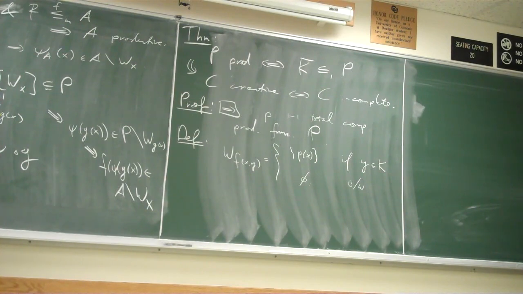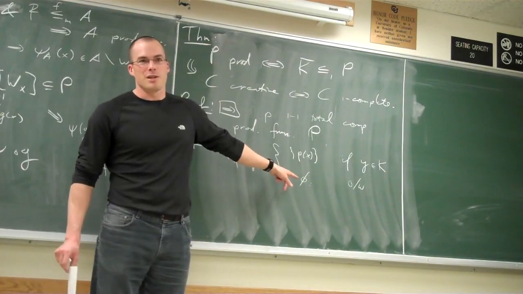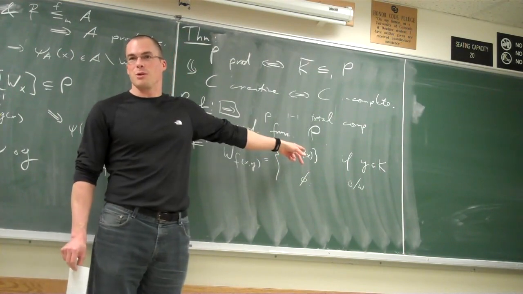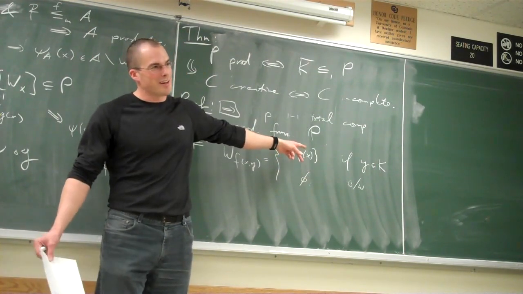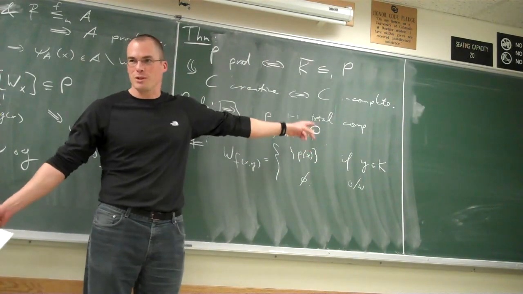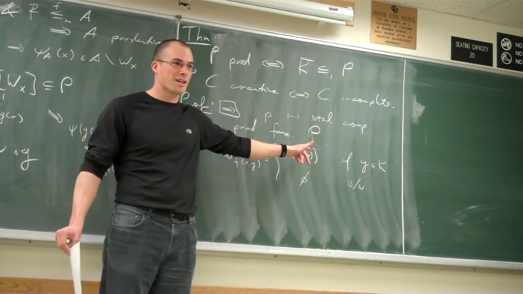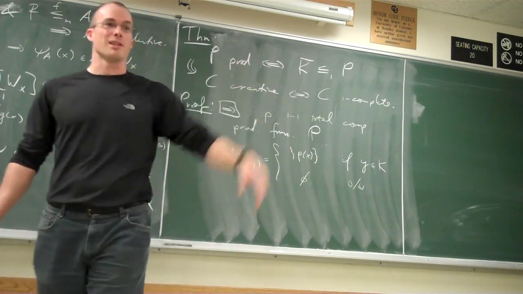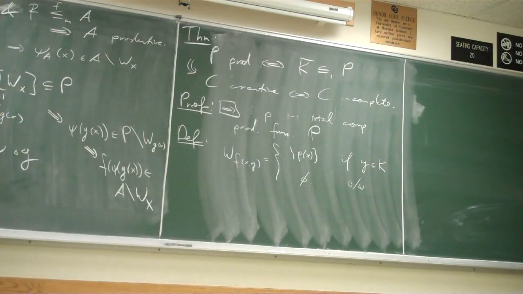So the case distinction is exactly right. You start running Turing machine y on input y. If you never stop, you already found an index for an empty set. If you ever stop, then you check your input and see if it's equal to p of x. You aren't given p of x, but p is a total computable 1-1 function, therefore you can quickly compute p of x and compare your input to p of x. If it's equal, you stop. If it's not equal, you go into a silly infinite loop. And that's exactly what f of x,y does.